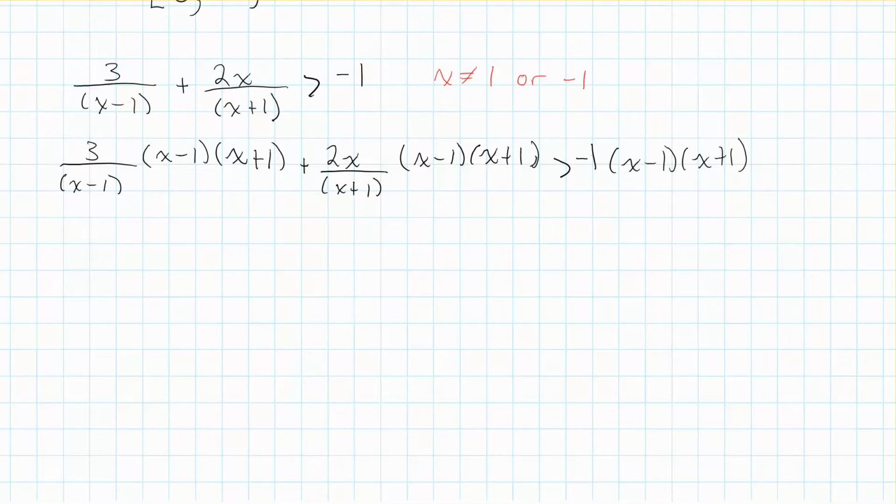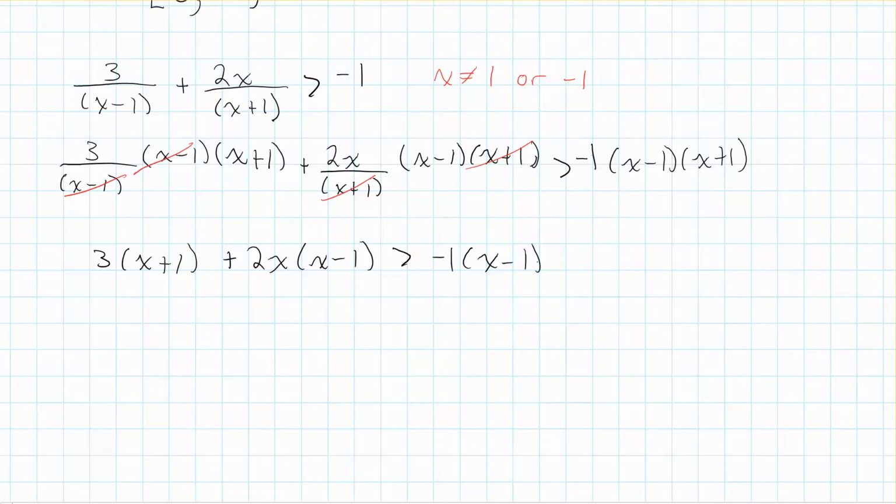Then simplifying, of course, these x minus 1s would cancel, the x plus 1s would cancel, and then the left-hand side here, we'd have 3 times x plus 1 plus 2x times x minus 1 is greater than negative 1 times x minus 1, x plus 1.